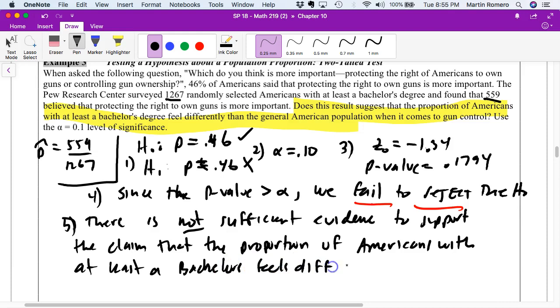There's not sufficient evidence for this. That's it. Have to practice this more. Hypothesis testing.